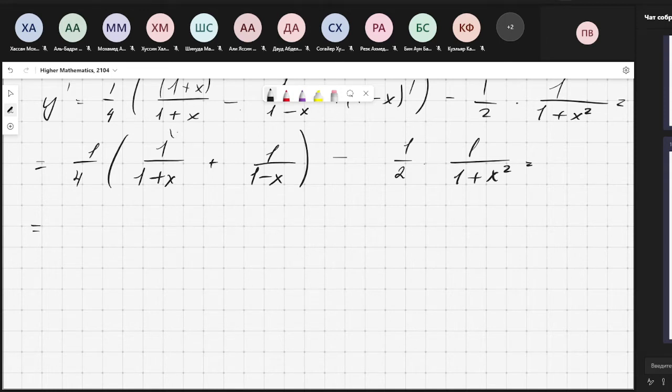Here 1 minus x, here multiplied by y plus x, both parts, numerator and denominator. We can see 1 minus x plus 1 plus x, and in the denominator 1 plus x times 1 minus x.